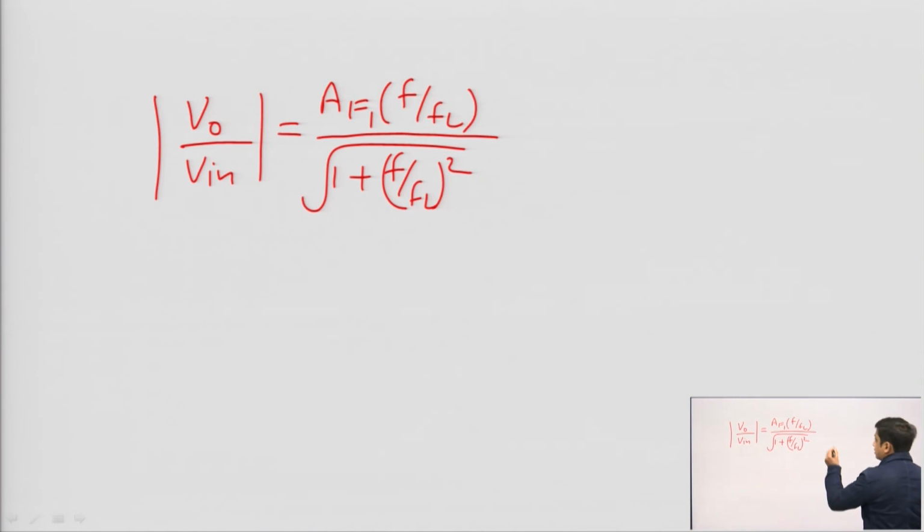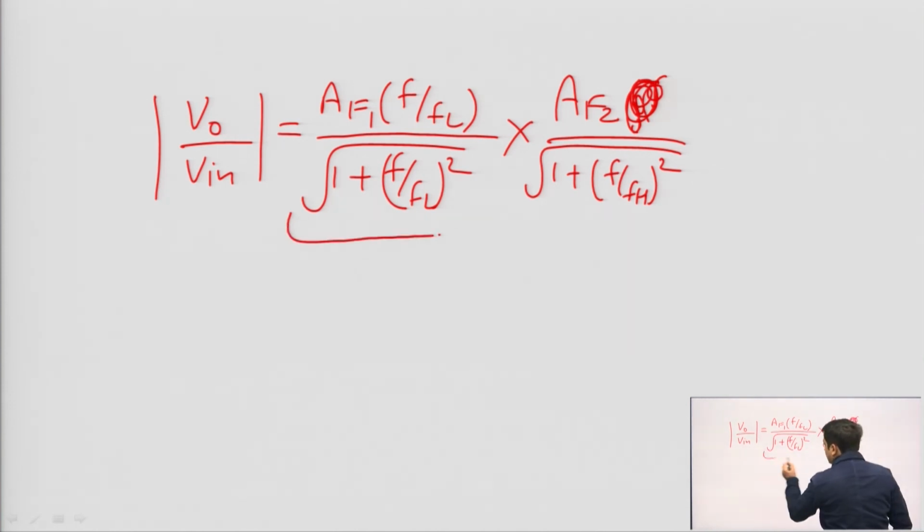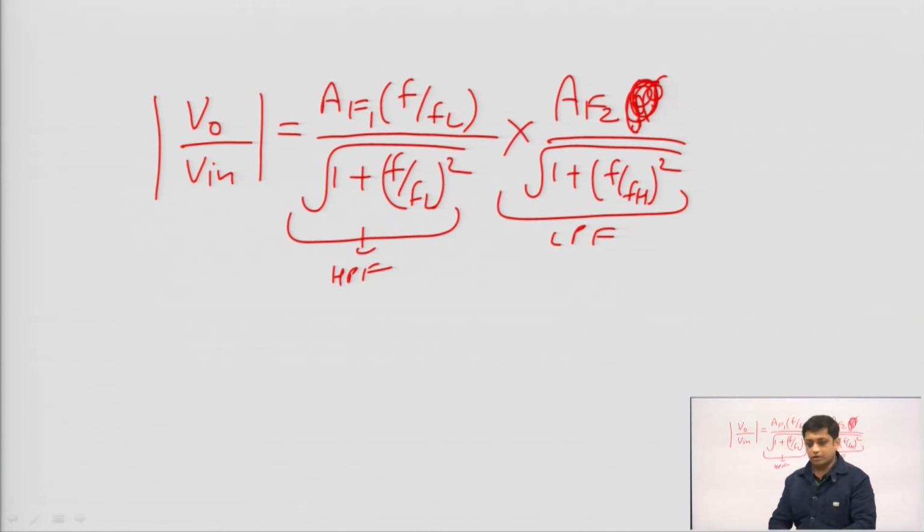Let us say this is AF1, into the gain of the first order low pass filter, let us say it is AF2 upon under root 1 plus F by FH square, fine. So, this is the gain of the first order high pass filter, this is the gain of the first order low pass filter. We have just multiplied them, fine, because both are in cascade. So, this is the gain equation for the wide band pass filter, right, and we have already derived these equations for the first order high pass and first order low pass.